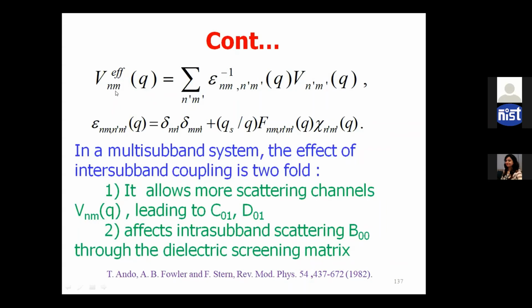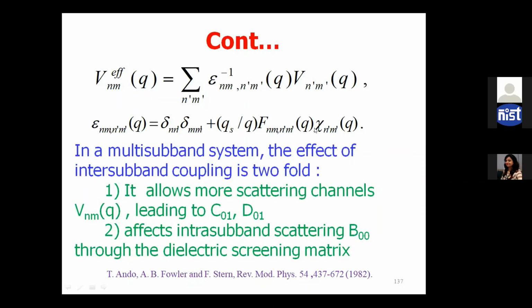The screened scattering potential can be expressed as a summation over n prime, into this potential. This epsilon is equal to delta of n n prime, delta of m n prime; n n prime means the transition from n to n prime, plus q s by q f of this, into that zeta.